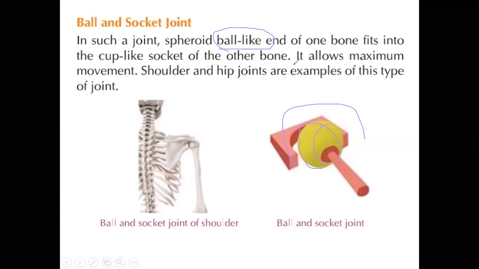This is the cup-like socket, and this is the ball-like structure. It allows maximum movement. The shoulder and the hip joints are examples of this type of ball and socket joint. Here we have the shoulder, and you have already seen the hip. In this portion of the hip, the ball and socket joint is present, right?